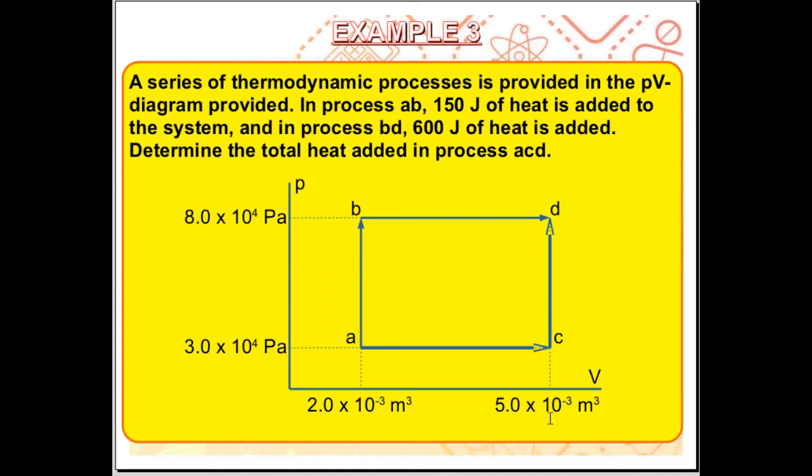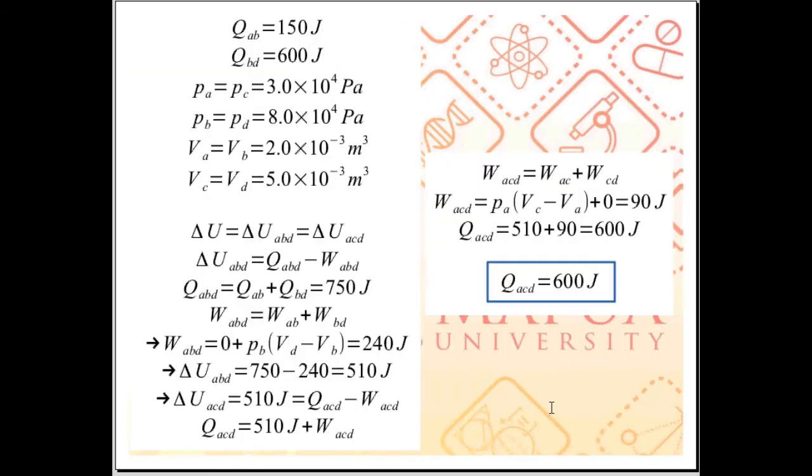That means the work done is 0. So WCD is equal to 0. Knowing PA, knowing VC, and knowing VA, we are able to calculate WACD to be 90 joules.